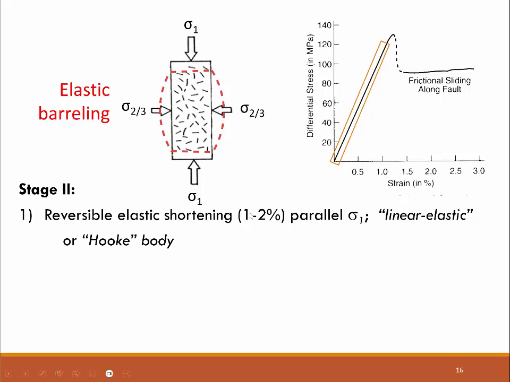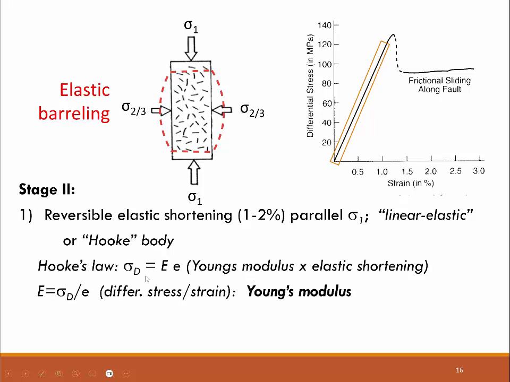This is what we call a linear elastic body, also called a Hooke body, because it follows Hooke's law. And Hooke's law simply means that depending on the magnitude of the differential stress and capital E, which is Young's modulus, again a physical property of the rock, we will achieve a certain elastic shortening.